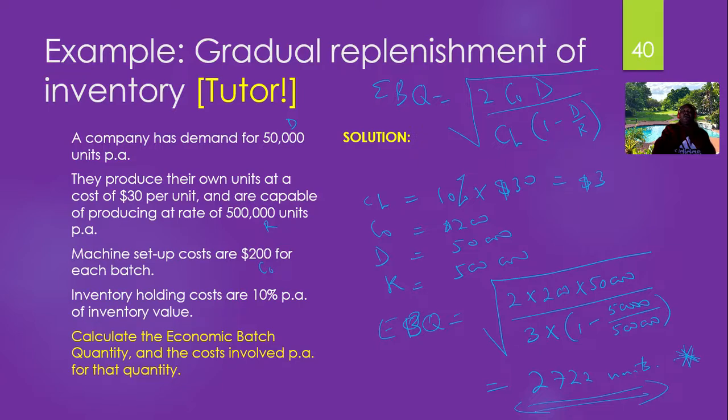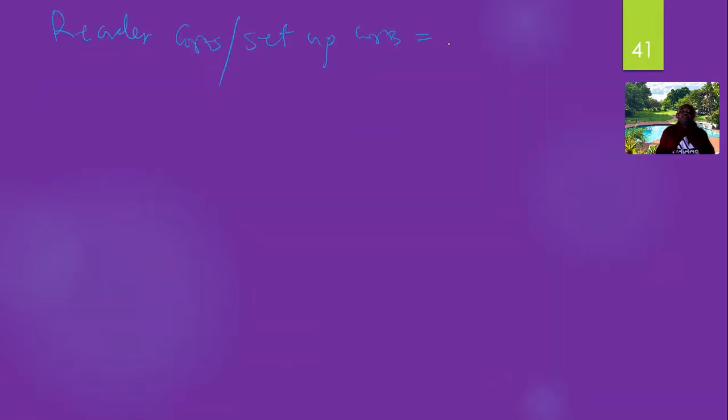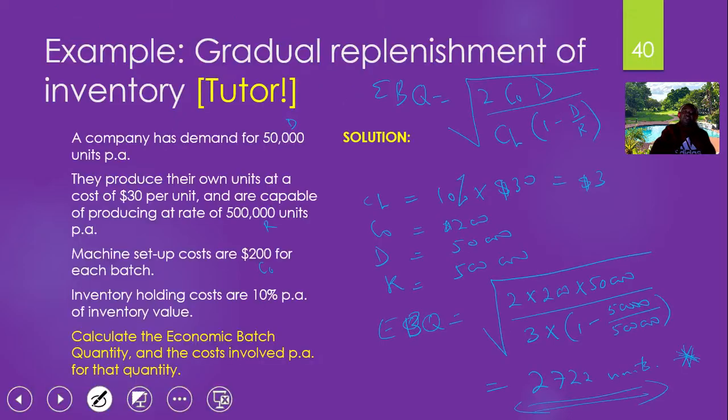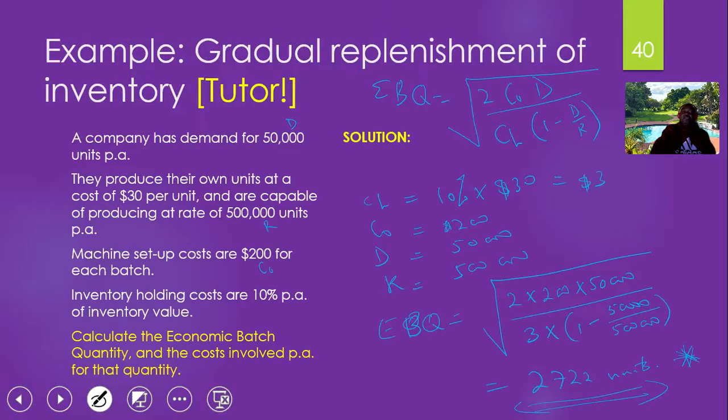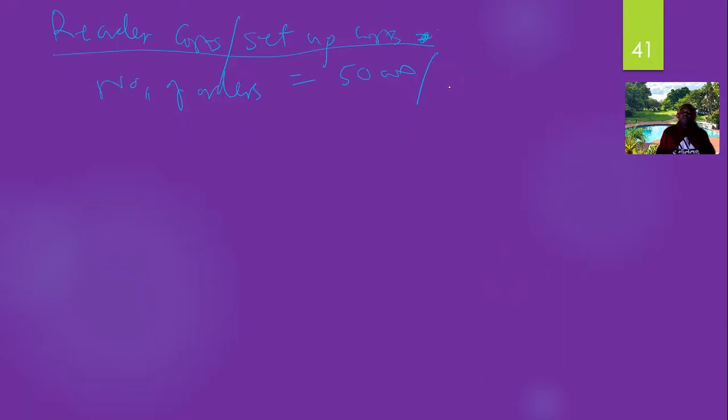So the number of orders is equal to the demand, 50,000, divided by the economic batch quantity we obtained, 2,722.